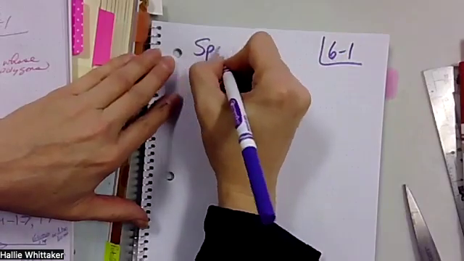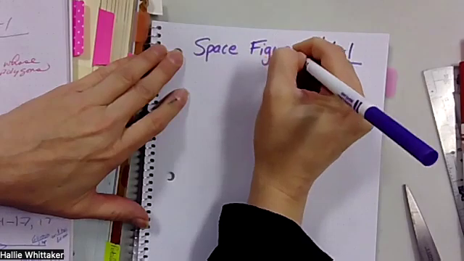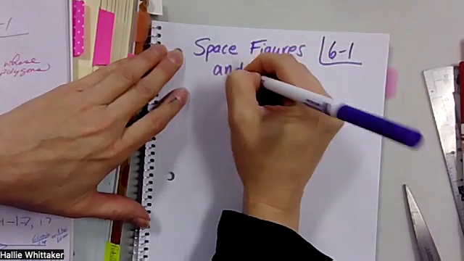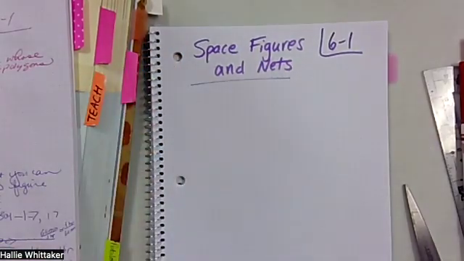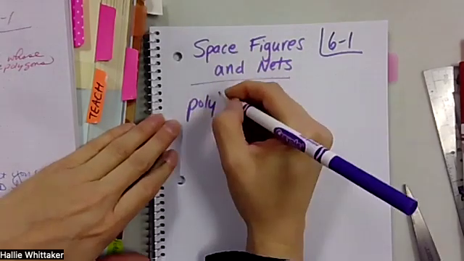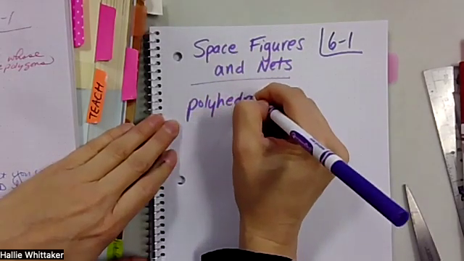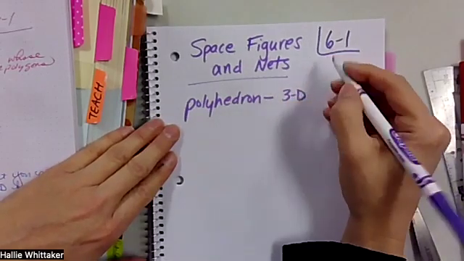Okay, so y'all, this section is space figures and nets. And you all already know that's not fishing nets, that's in the world of geometry. So go home tonight talking about polyhedrons and impress your parents.